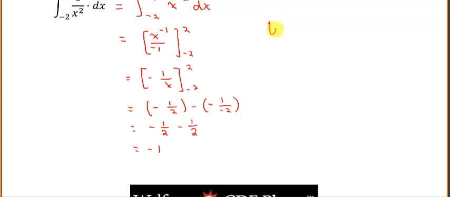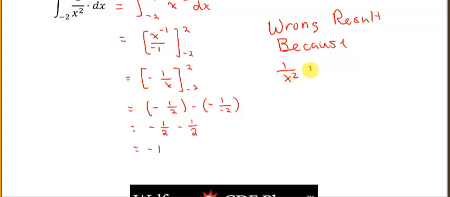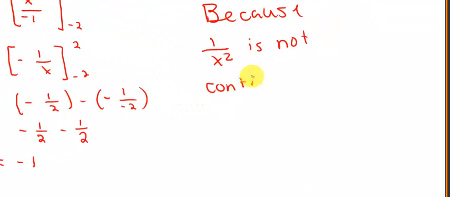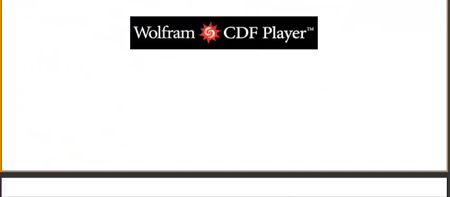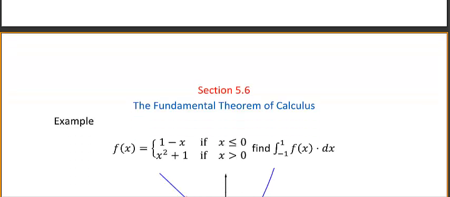We got the wrong result, all right, because 1 over x squared is not continuous on the interval of integration, which was -2 to 2. So that was a problem for us. Okay, let's take a look at another example here.